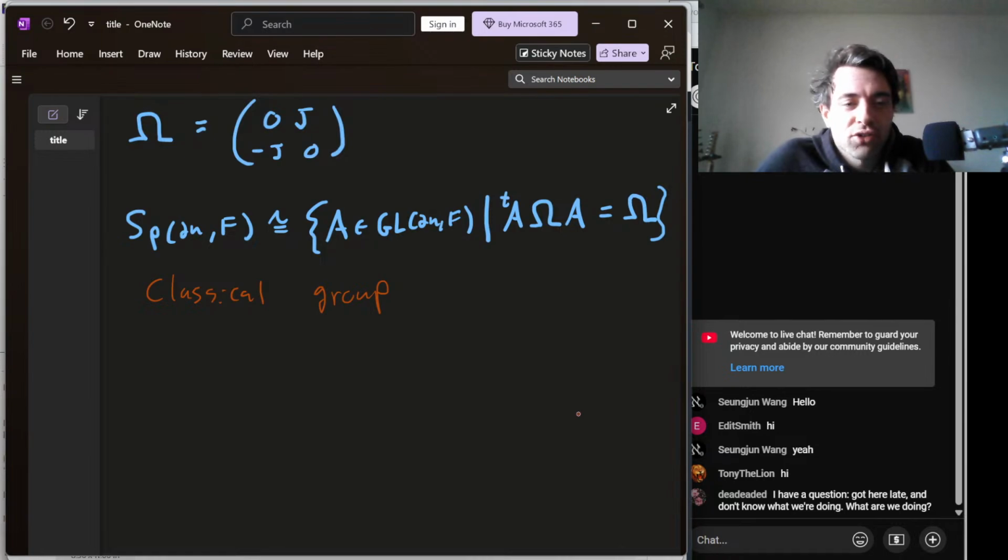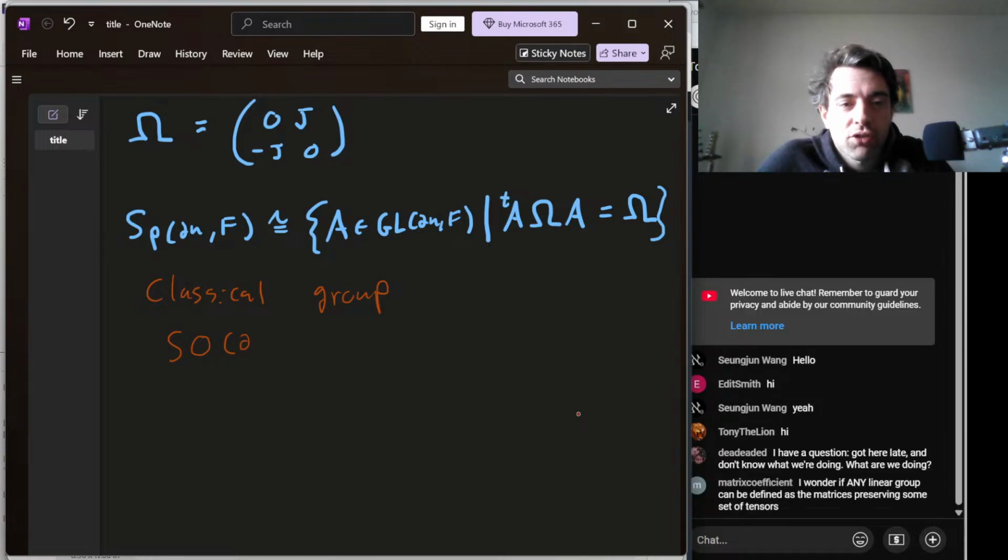So these classical groups, we've got SO, but I'm going to break them into two separate categories. I'm going to call them SO(2n) and SO(2n+1), and write those two things slightly differently. And then there's Sp(2n).